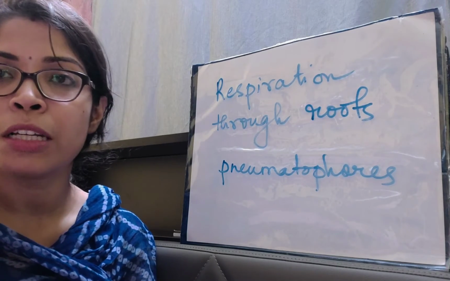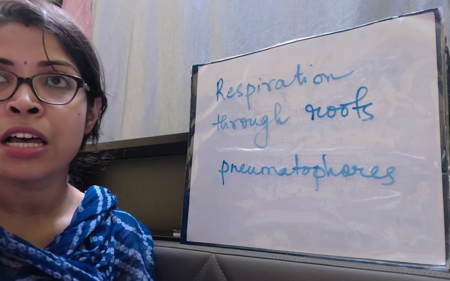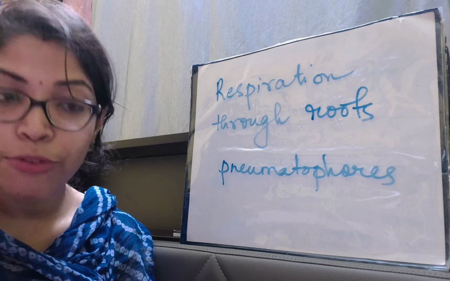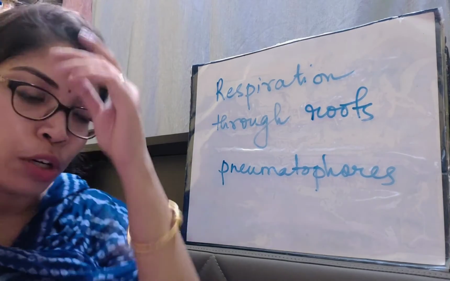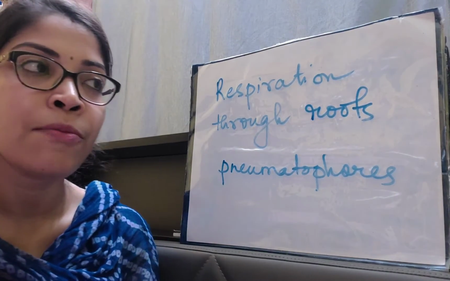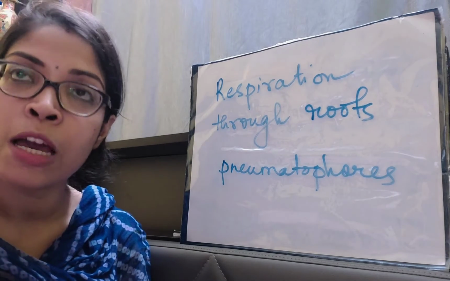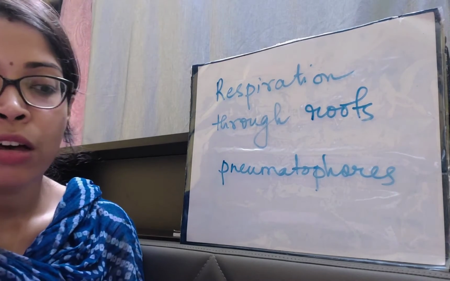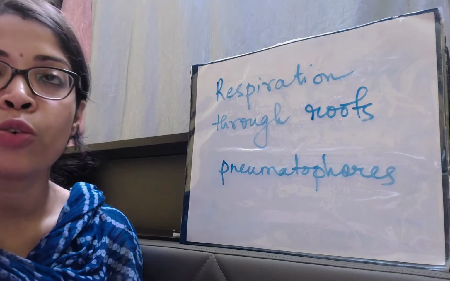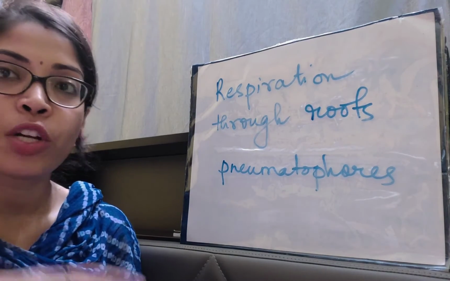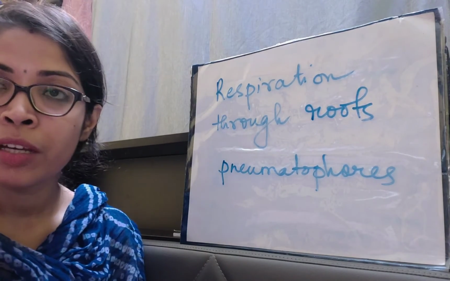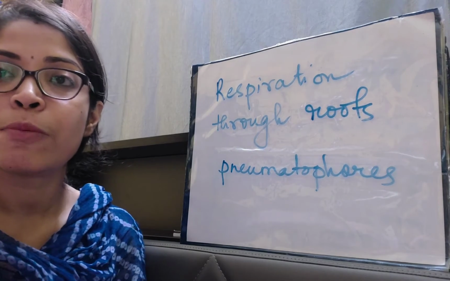In the Sundarban, the whole area is full of salty water, marine water, right? The plants are present in those salty waters only, but salty water does not have much oxygen in it. So the roots, which are basically under the water, cannot respire through the roots.